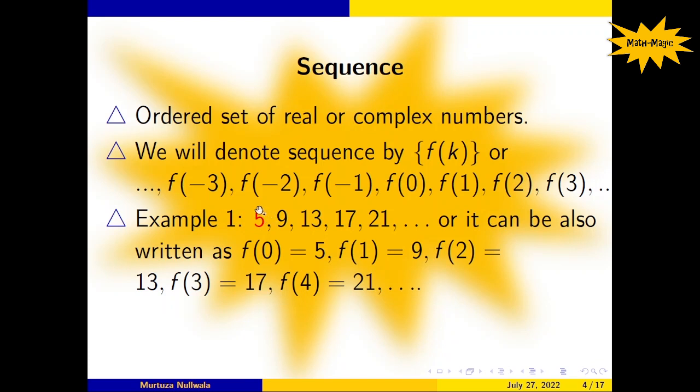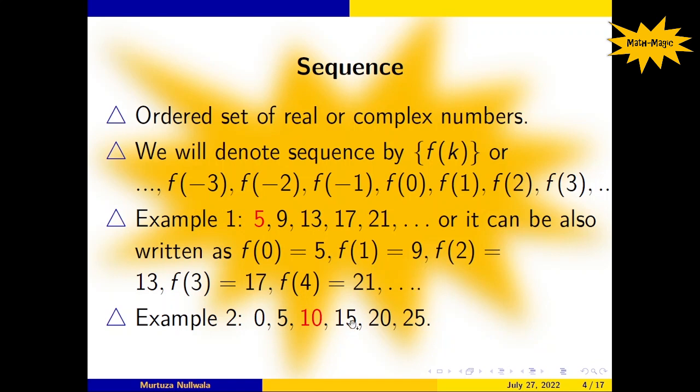While writing, you can just circle the element to show f of 0, or put an arrow on it, because once you know f of 0, you can identify f of 1, f of 2 and so on. So here you can write this sequence as f of 0 is 5, f of 1 is 9, f of 2 is 13, f of 3 is 17, f of 4 is 21 and so on.